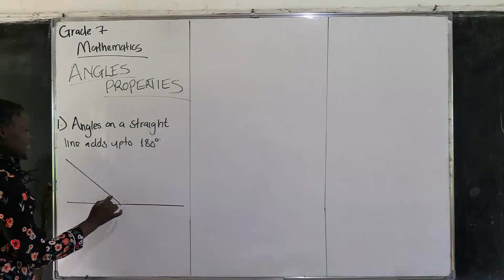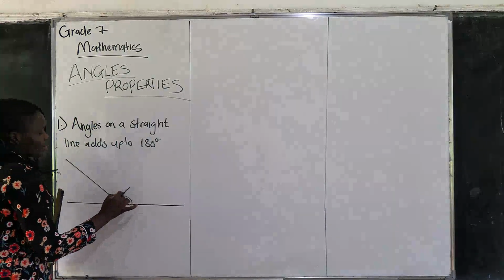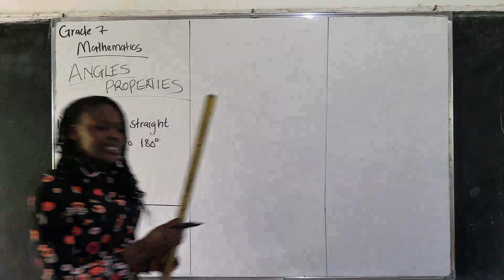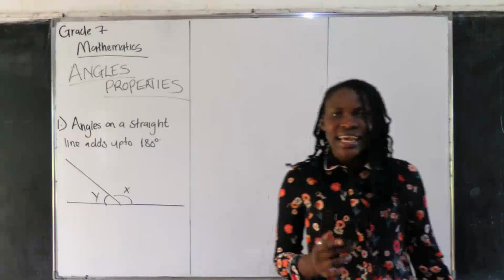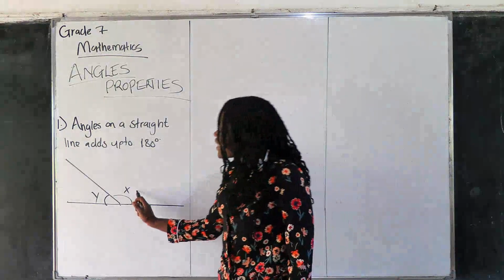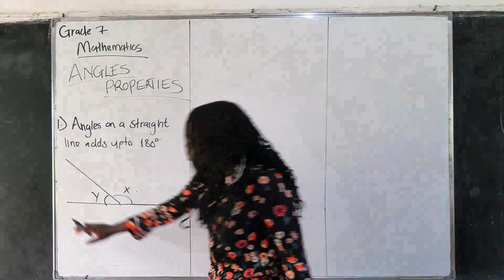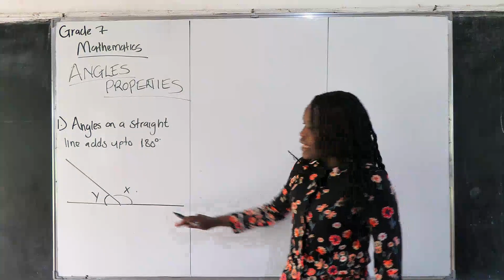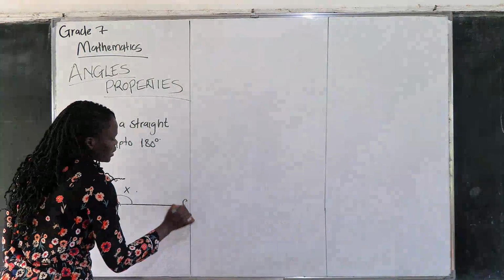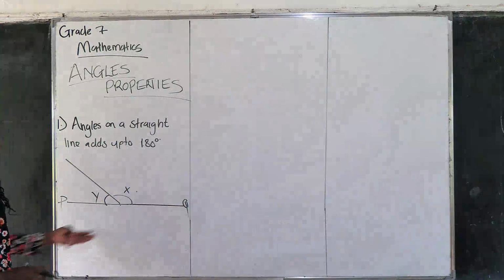So we have this angle, let's say angle X, and we have this angle Y. So when we say angles on a straight line add up to 180, we mean this. When we add X plus Y, because they are on a straight line, let's say this is the straight line PQ. The straight line PQ.